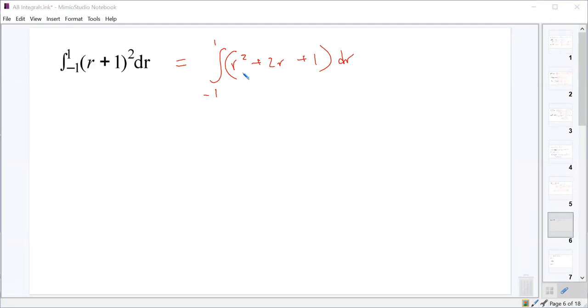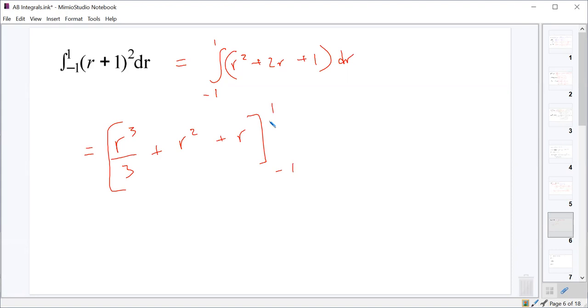So what is the integral of r squared? It ought to be r cubed over 3. r cubed over 3 plus the integral of 2r is just r squared, and then plus the 1 is just plus r.